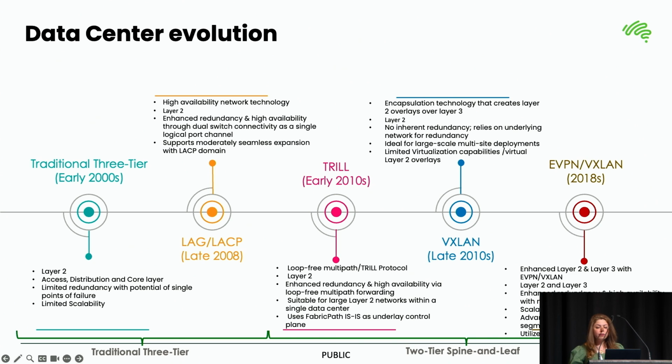VXLAN is one of the many available network virtualization overlay technologies. VXLAN is a tunneling technology that encapsulates Ethernet frames in UDP packets, allowing a virtual network to be created on top of the physical one. It provides network segmentation by extending the layer 2 broadcast domain across layer 3 boundaries, enabling communication between devices in different locations.